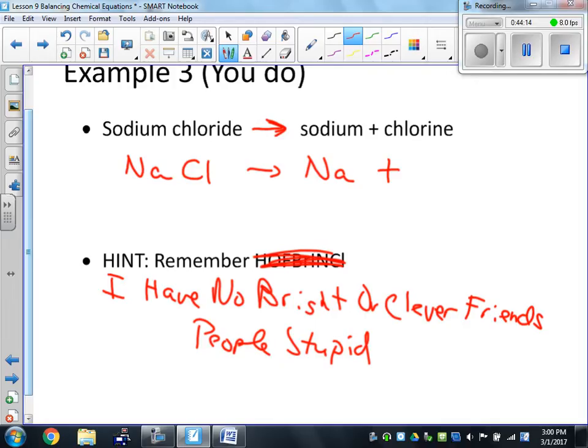To do this, we would probably need lots of heat. Ionic compounds tend to require lots of heat, probably upwards of 1200 Celsius, 1600 Celsius. So this is a solid. When I heat this up, at some point I will get back the elements that I used to make this compound.